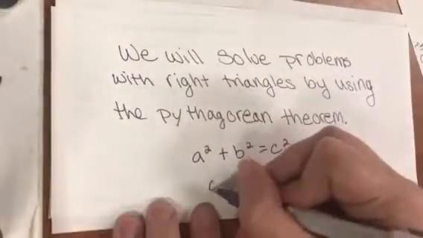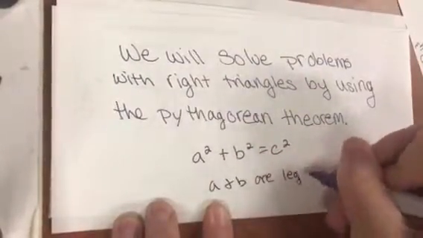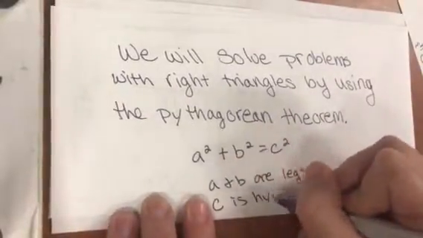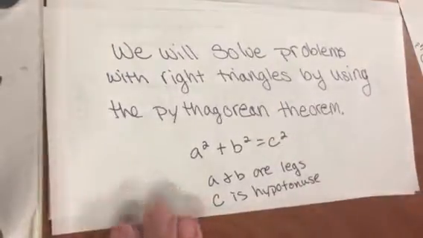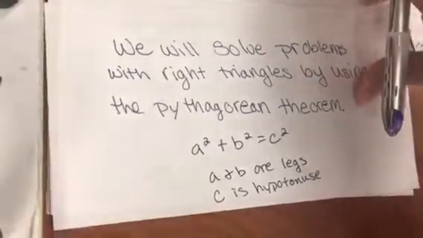So a and b are legs, and c is the hypotenuse. Hypotenuse. I don't think I spelled that right. You did it, but it's okay. You'll learn how to spell it one day, maybe. A and b are your legs, c is your hypotenuse.